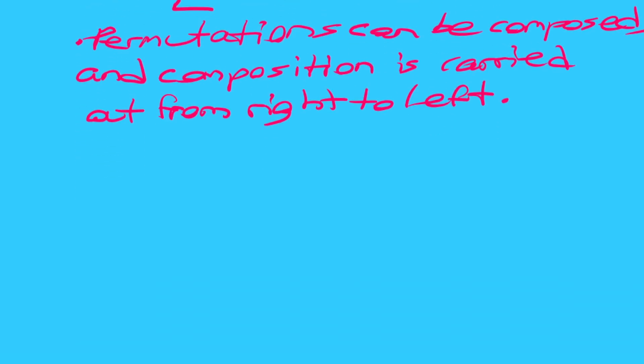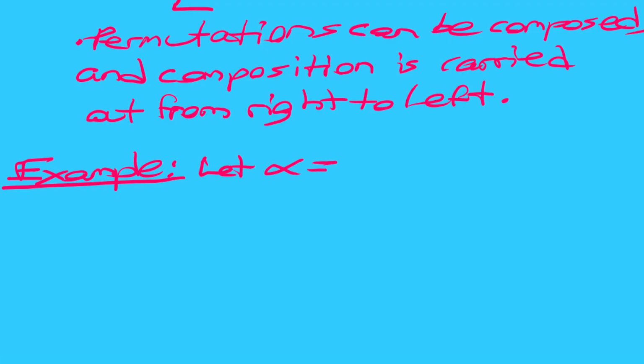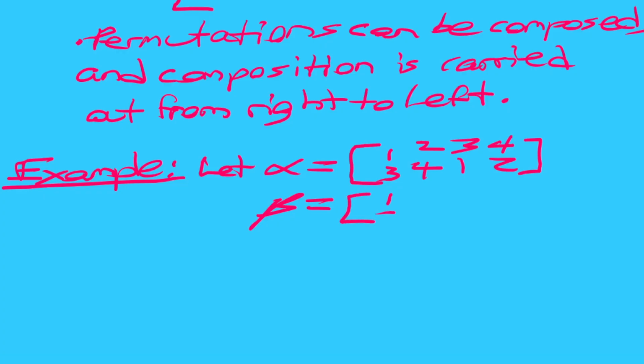So, an example. Let's let alpha equal this permutation. And then beta equal this permutation.